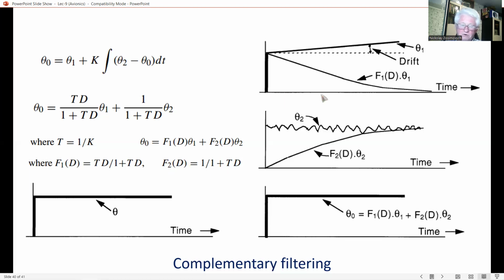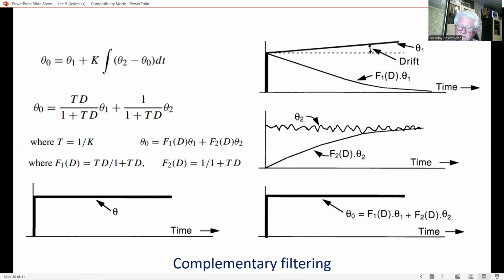Next, our expression at the top shows the basic concept and the response of the various elements of the system to a step input in theta. The output theta naught is thus the sum of two components. First, the quantity theta 1 is coupled through a simple high-pass filter with transfer function F1(D), which, if you remember, is Td over 1 plus Td, which passes dynamic changes in theta without lag, but has zero output at DC.